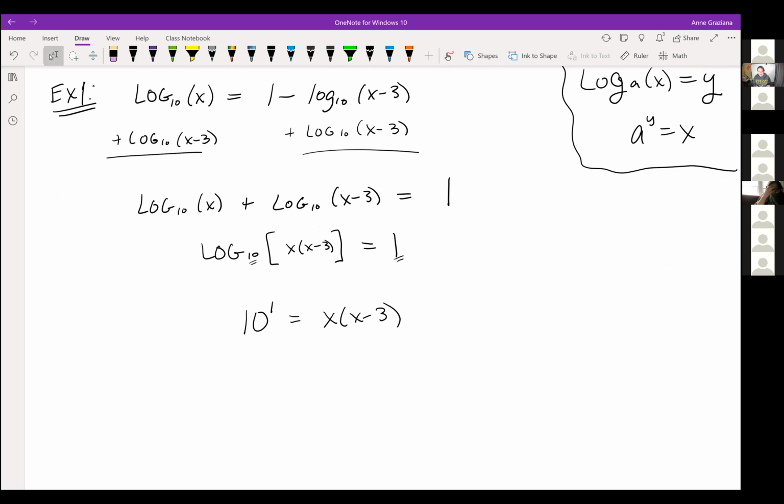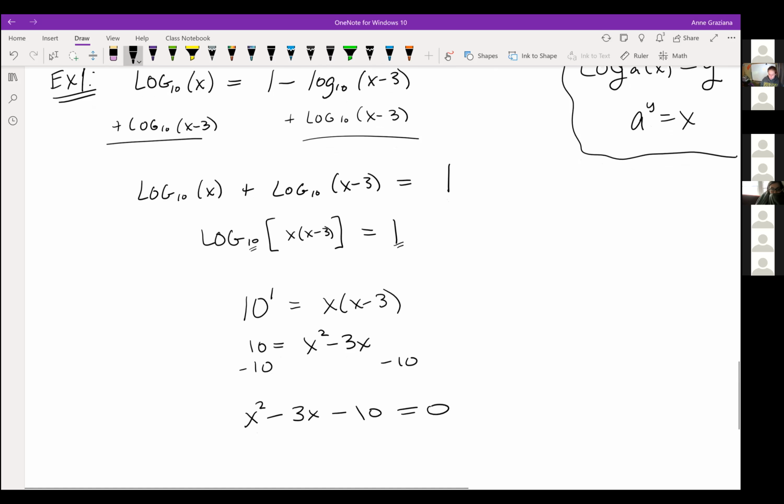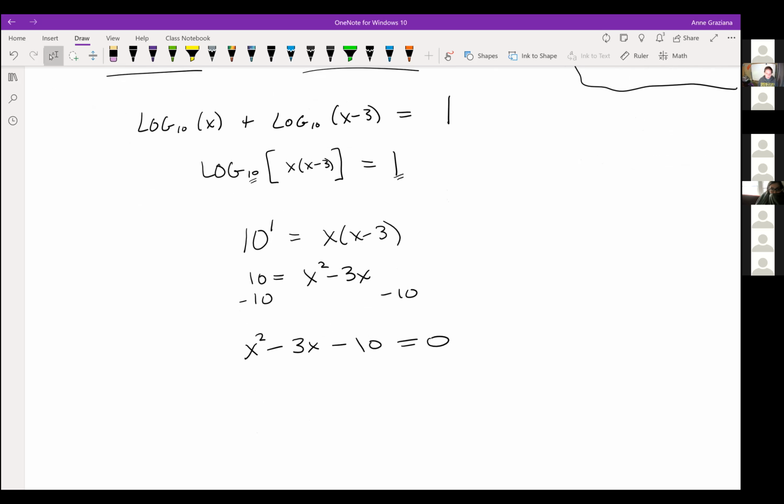Now, once we have that, this is just a quadratic equation. We can just solve it like we normally would. So this is 10 is x squared minus 3x. Subtract 10 from both sides. And I get x squared minus 3x minus 10 is equal to 0. All right, this should be familiar territory. We got to factor this.